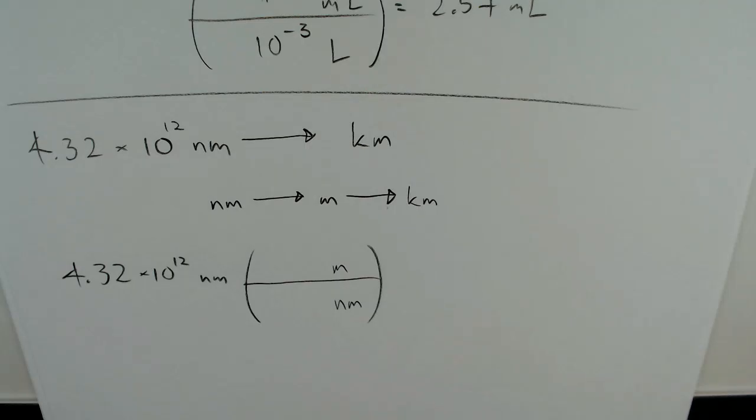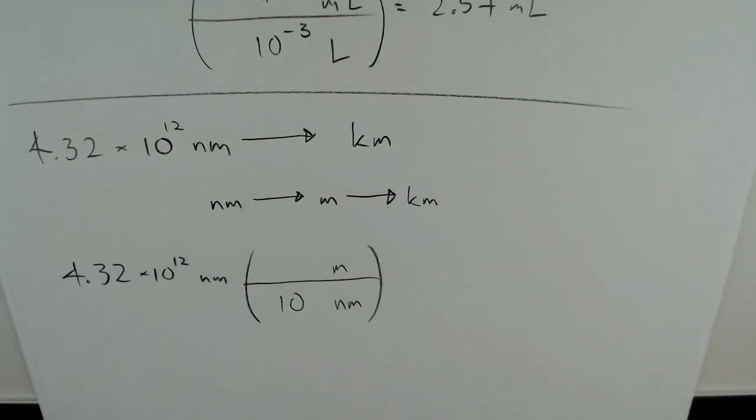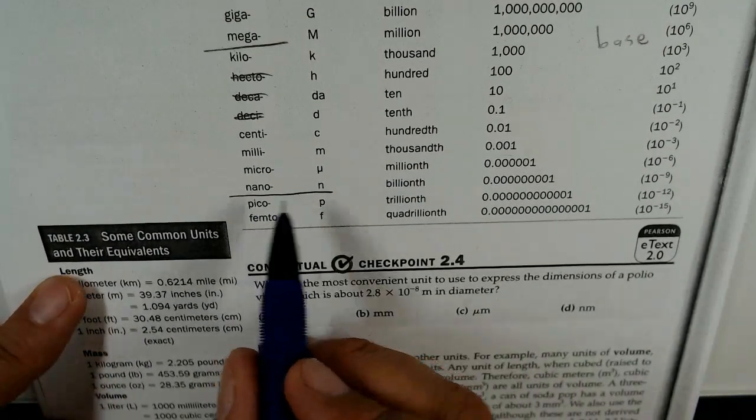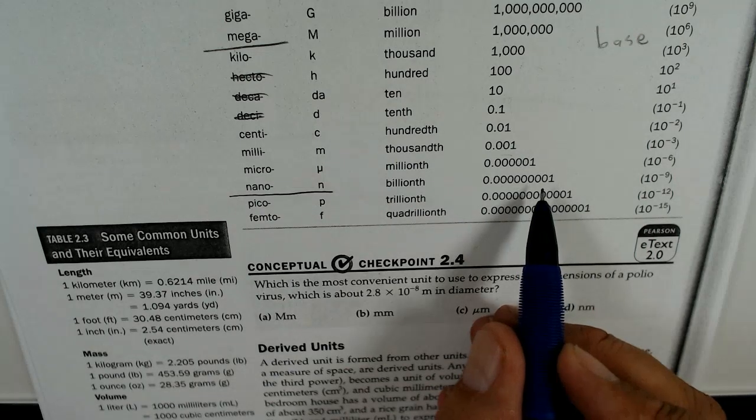And what is the value? 10 to... So I'm going to put the 10 here. Is it positive 9 or negative 9? All right, so this is how many meters are in 1 nanometer.